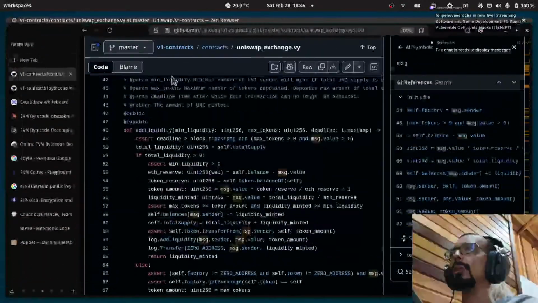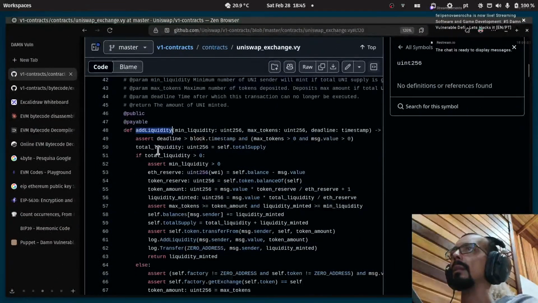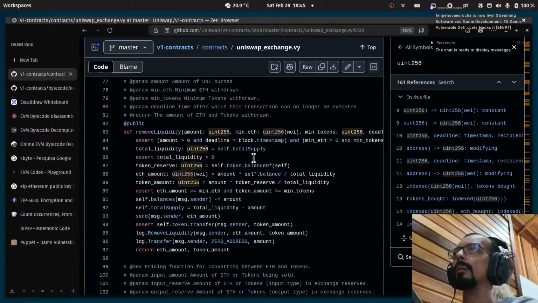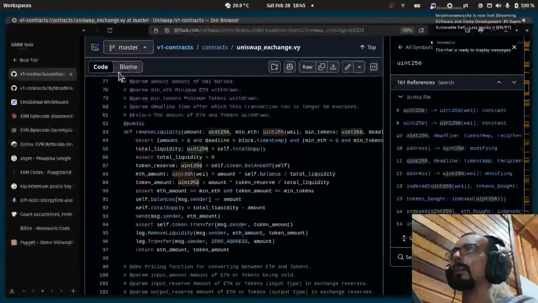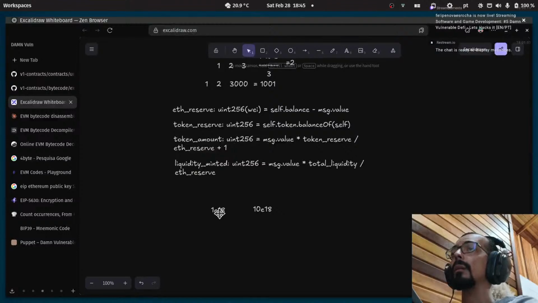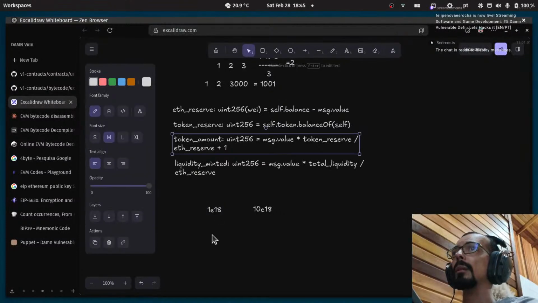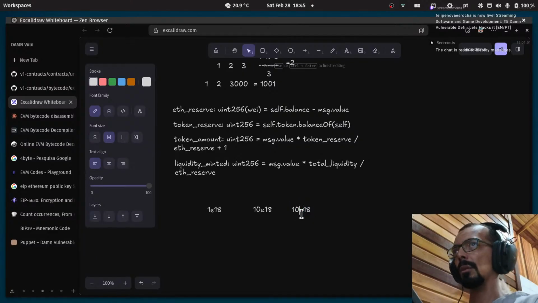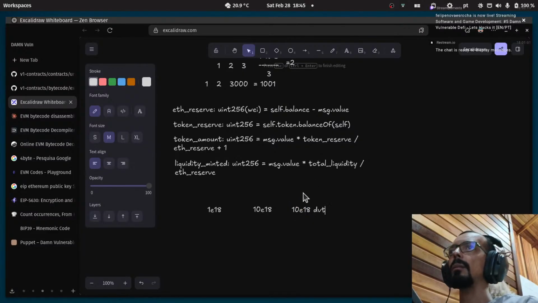So the calculation is, okay, here you can burn UNI tokens to withdraw Ethereum. So let's finish the thing here. We're going to multiply by the token reserve. The token reserve is the token DVT. So that should also be this.